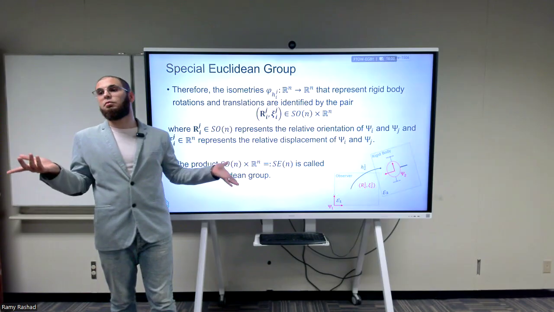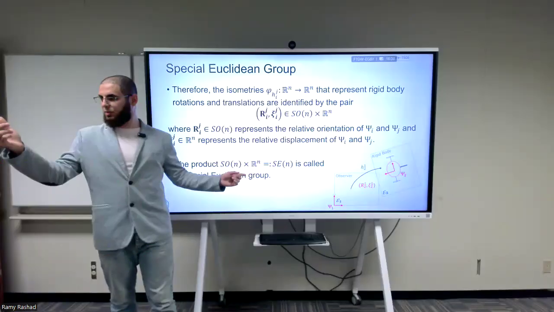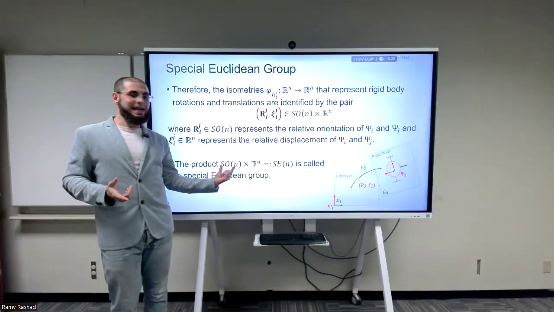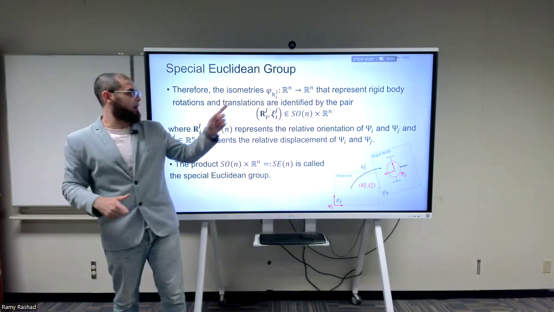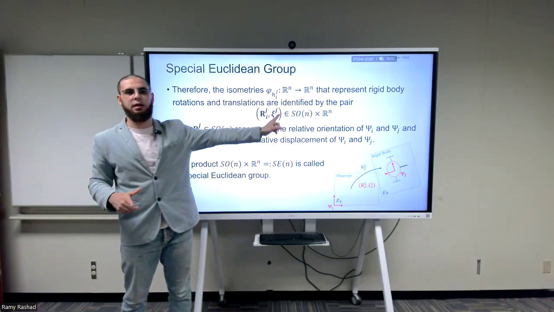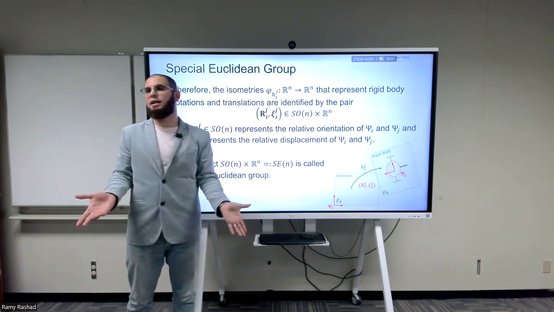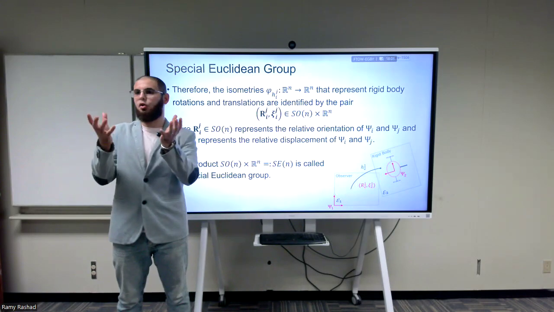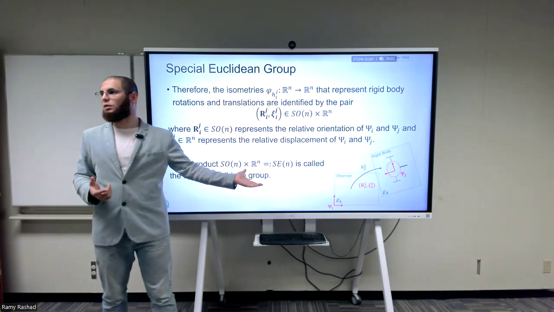Not multiplication. What was it called? The Cartesian product, exactly. So this is a set, and this is a set. If I give you a bracket, one of them has R, one of them has psi, where R lives in SON, and the psi lives in Rn. These two together are called an element in SEN. That's exactly what the times is.